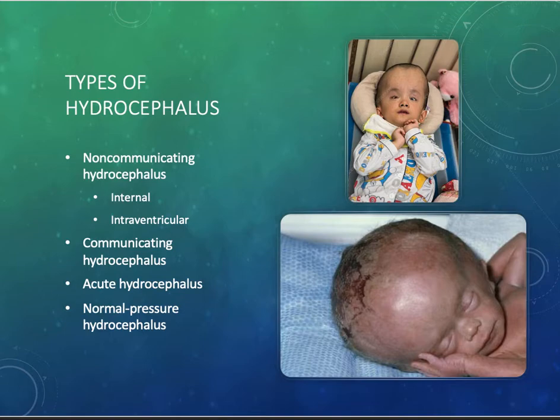It's most common in the elderly because we see it a lot with subarachnoid hemorrhages, which can be caused by head trauma. It can happen because of an infection, a tumor. It can happen after surgery. There are some people who get it for no reason at all, and we call that idiopathic normal pressure hydrocephalus.